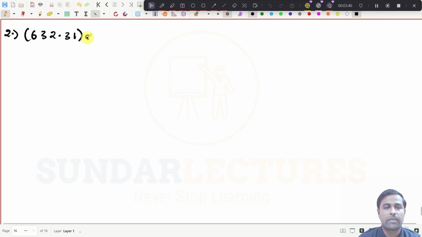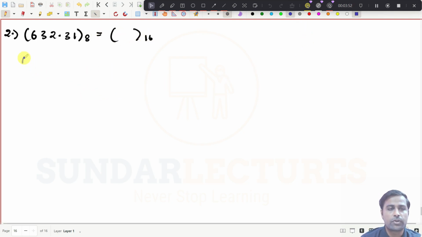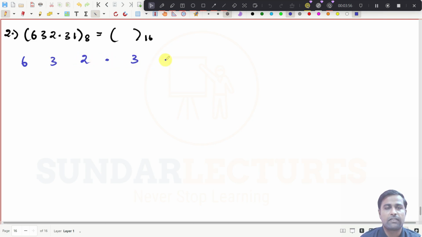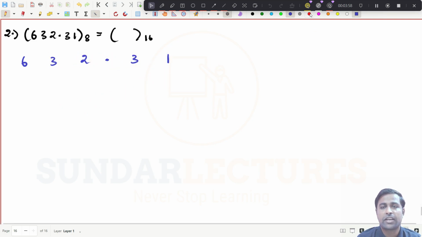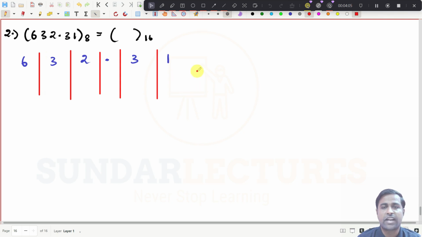632.31 at the base of 8, and you need to convert this into equivalent hexadecimal value. And what you need to do, you put 6 here, 3 here, 2 here, the point will be there, 3 will be there, 1 will be there, and you need to just split these values. I will go fast now because we have trained a lot, right?